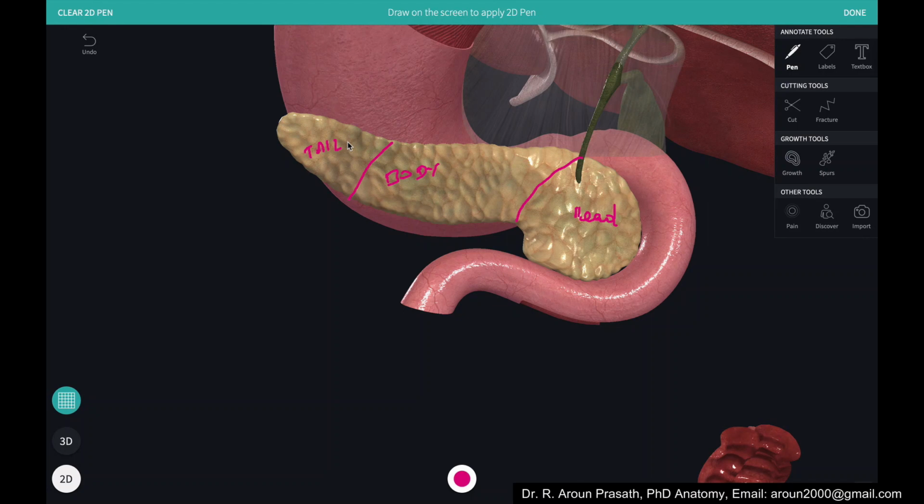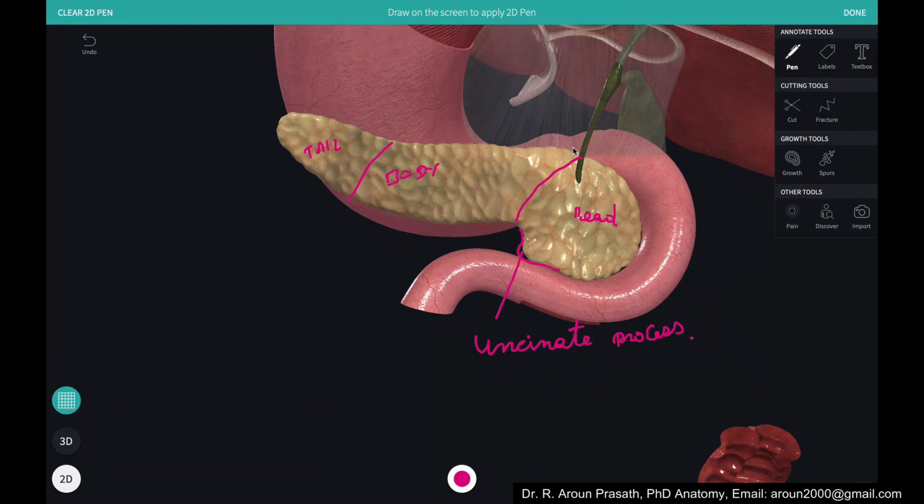This small projection here is called the uncinate process.